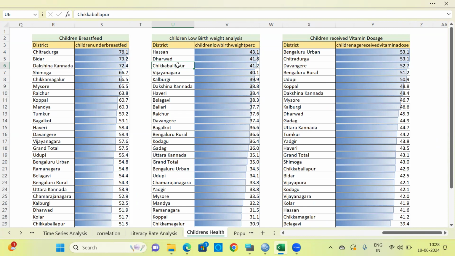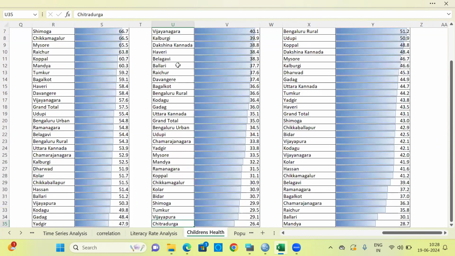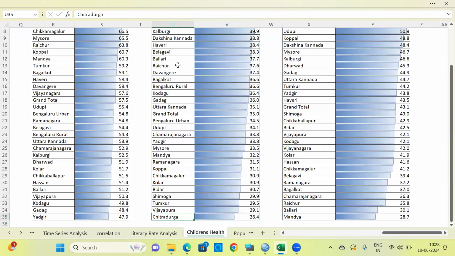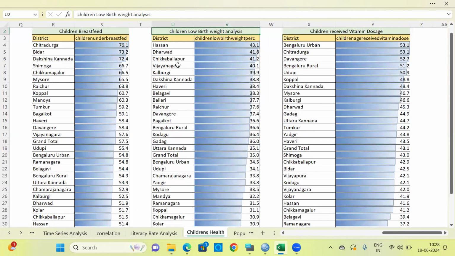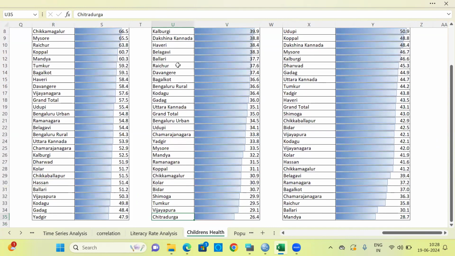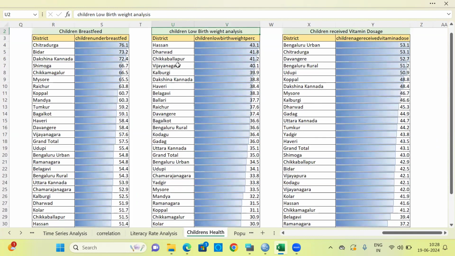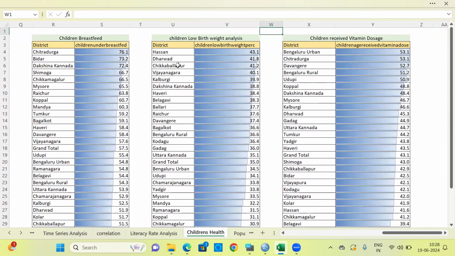Which are some of the districts which have a low proportion of children with low birth weight? Let me go to the last few records. We have Chitradurga, Vijaypura, and Tumkur district, wherein the proportion of children with low birth weight is lesser.